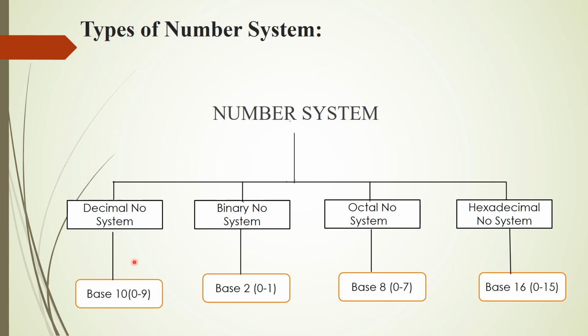The base of the decimal number system is 10 and it consists of the numbers 0 to 9. The base of the binary number system is 2, it consists of 0 or 1. The base of the octal number system is 8, it consists of the digits 0 to 7. And the base of the hexadecimal number system is 16, it consists of the numbers 0 to 15.